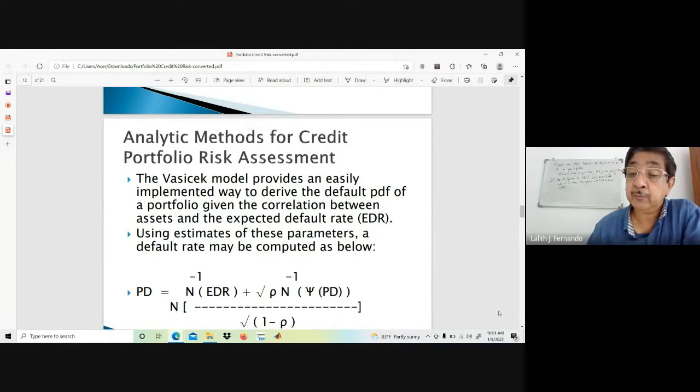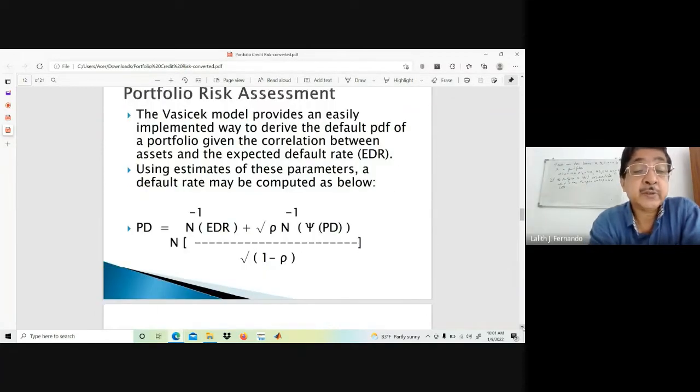Look at the formula. That formula gives, now when you say N, that is the normal curve scores that can be taken from a normal curve. You know, there's a particular table given in books, standard normal curve areas under the normal curve.